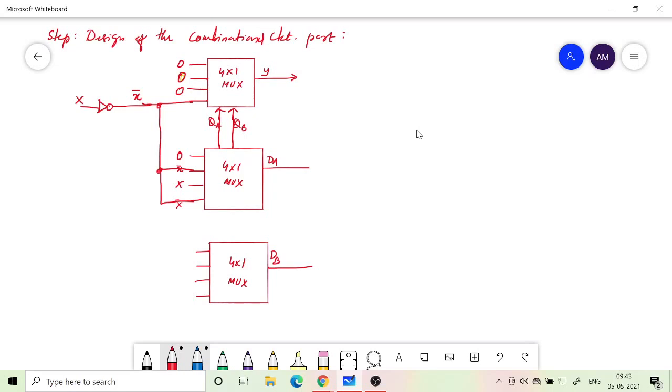Okay, X is given everywhere. So this is my combinational circuit.